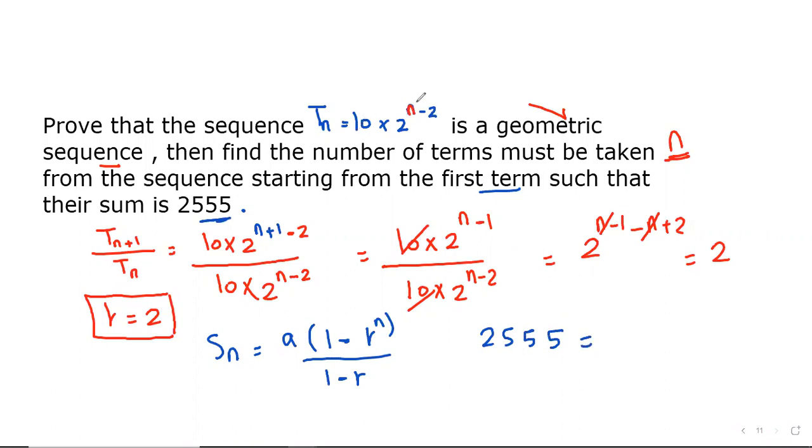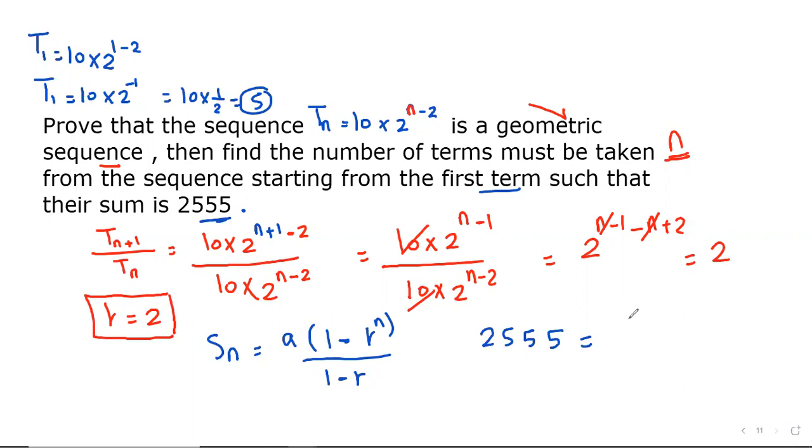A in this sequence, how can we get a? And instead of n, write 1. So find T1. T1 equals 10 times 2 to the power of 1 minus 2. So T1 equals 10 times 2 to the power of negative 1, so equals 10 times half, which is 5. That's T1, which is A.